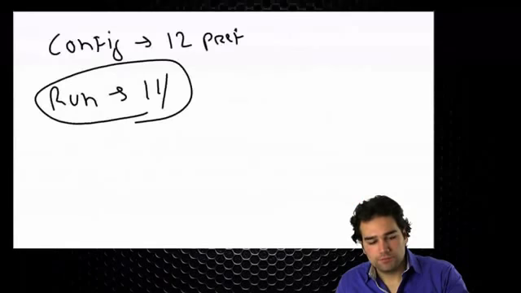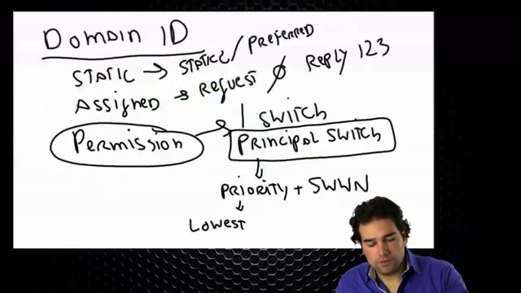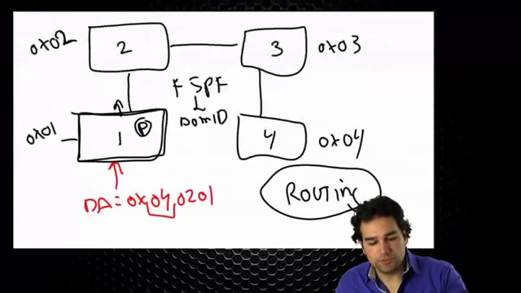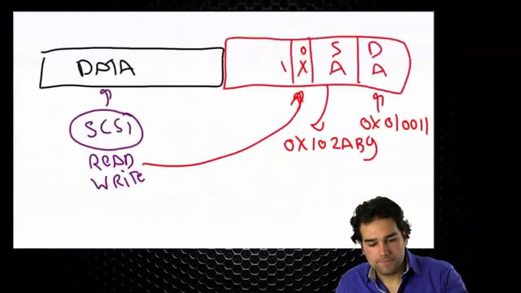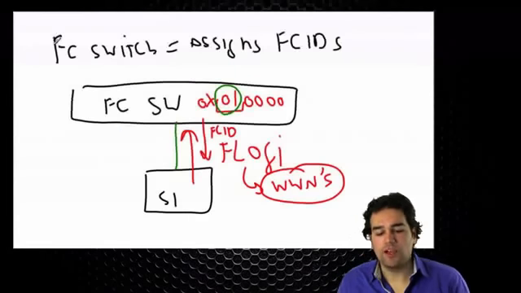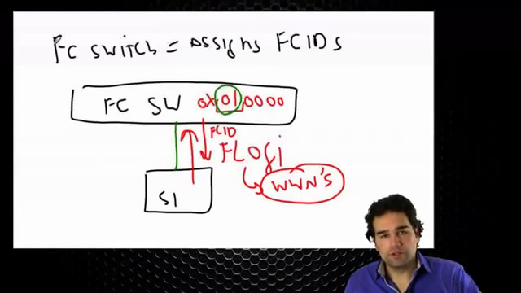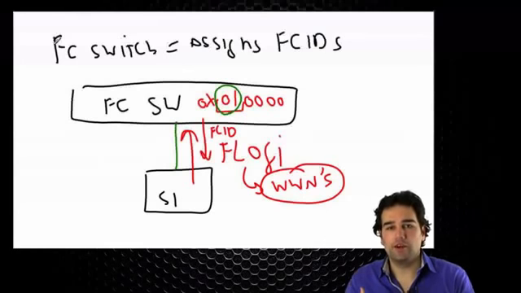How do hosts register with the name server? We talked about FLOGIs, right? During the fabric login, we get assigned our FCID.